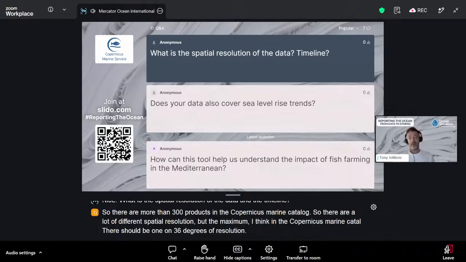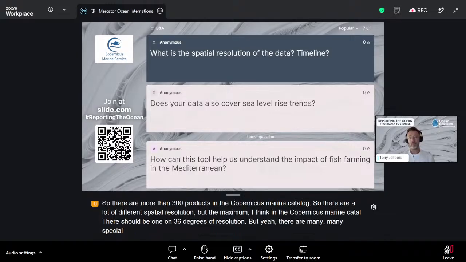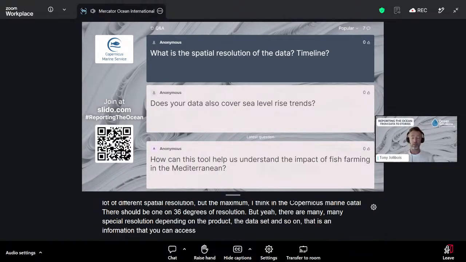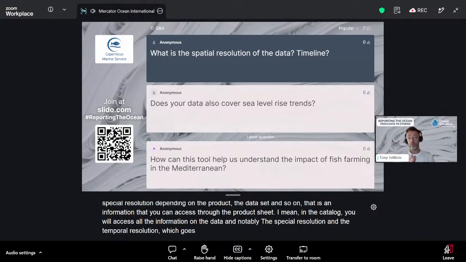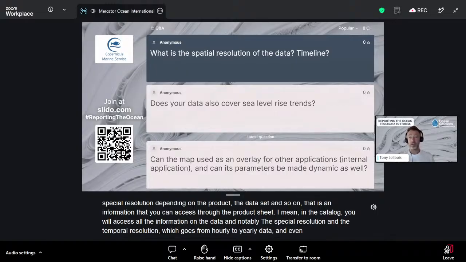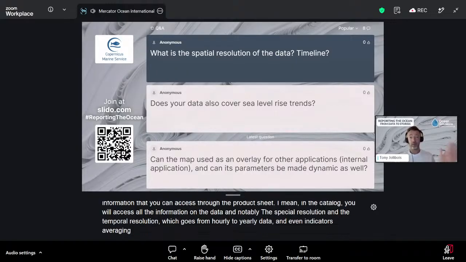There are many spatial resolutions depending on the product and the dataset. That information can be accessed through the product sheet. You will access all the information on the data, notably the spatial resolution and the temporal resolution, which goes from hourly to yearly data and even indicators averaging the data on the whole period of the catalog.